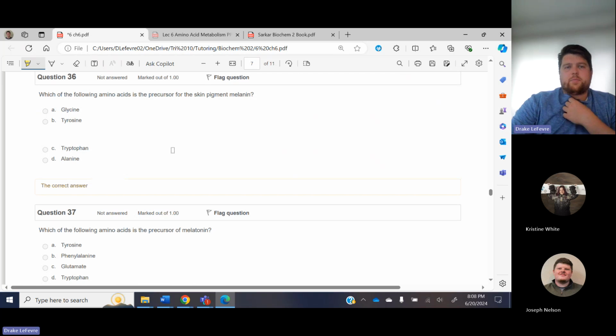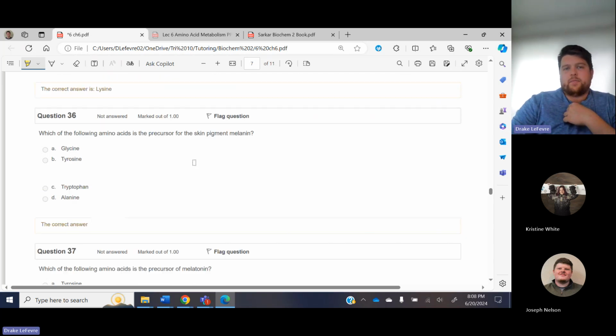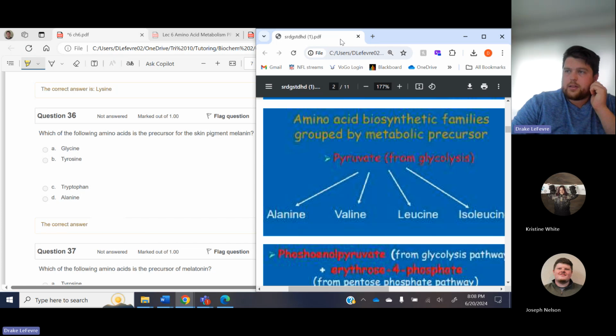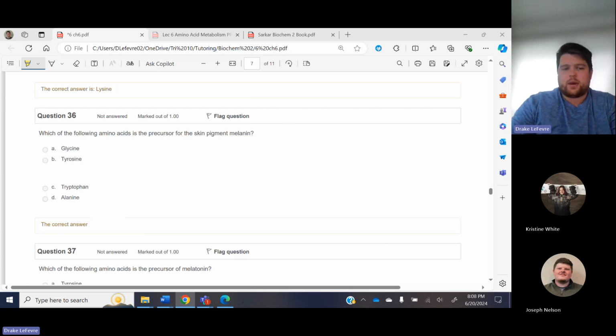Which of the following amino acids is the precursor for the skin pigment melanin? So if we think, there was a condition that we talked about, right? That medical condition that if you don't have this, you're more likely to have albinism.